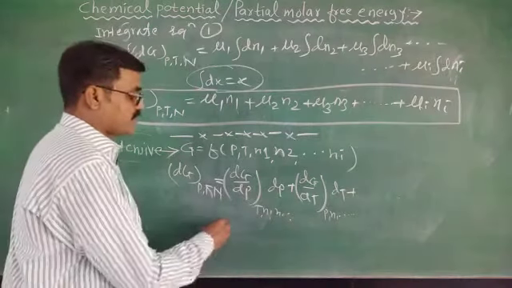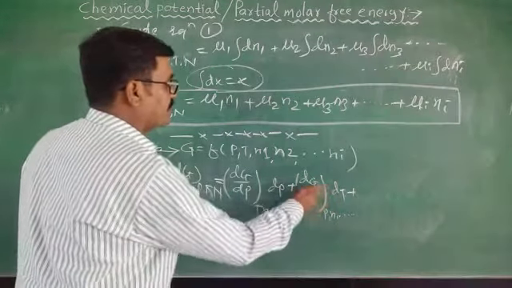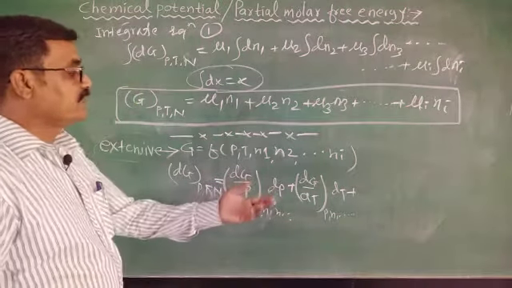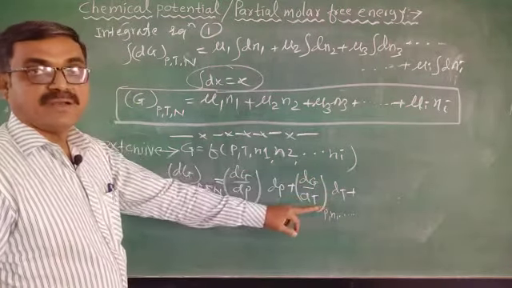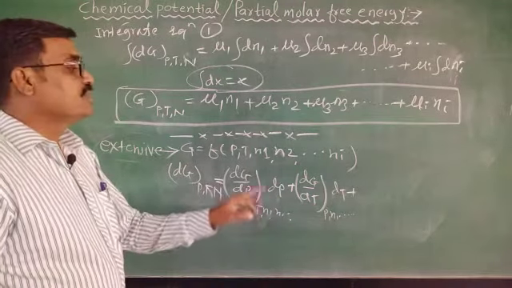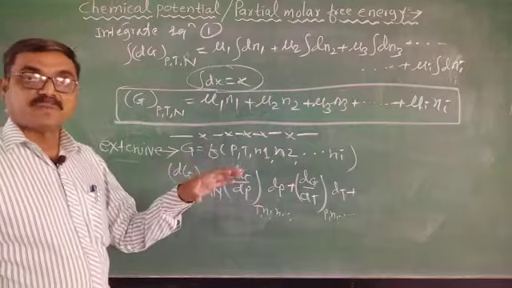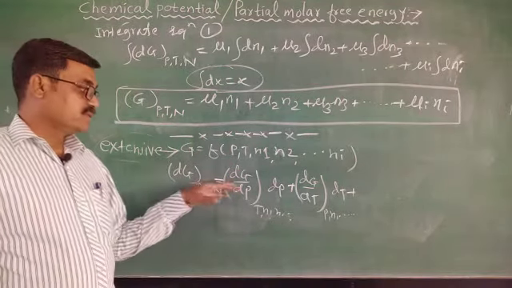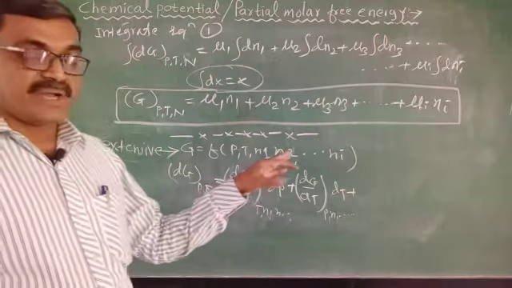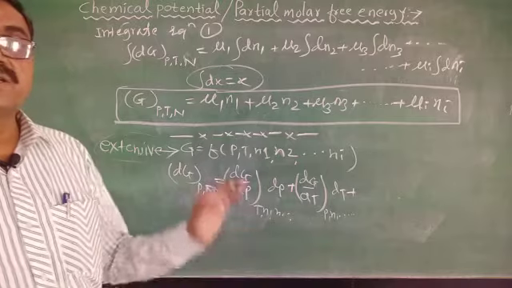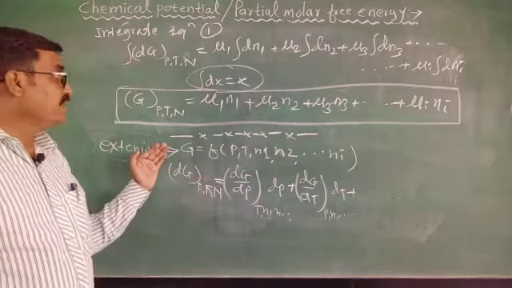Here at constant pressure and constant temperature, these first two terms become 0. That's why the third term, dG upon dn1 at constant pressure, temperature and number of moles, is nothing but the chemical potential. After keeping dP as 0 and dT as 0, the chemical potential is defined, and later we take the integration.